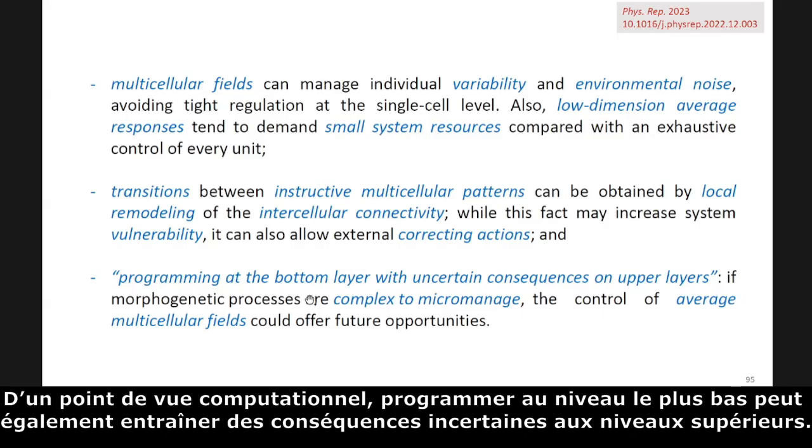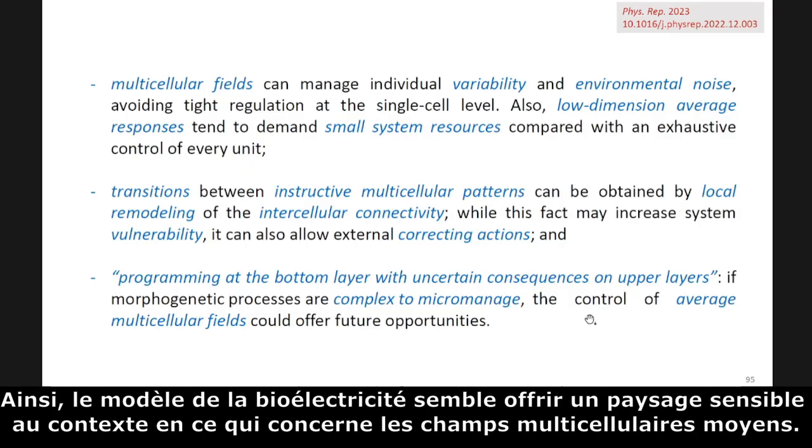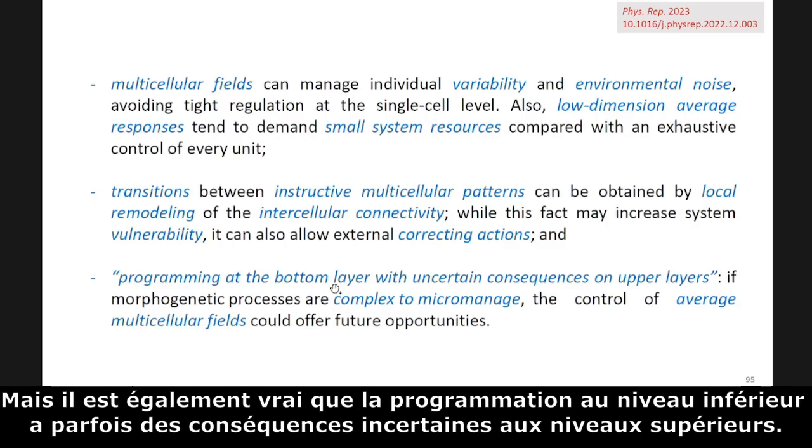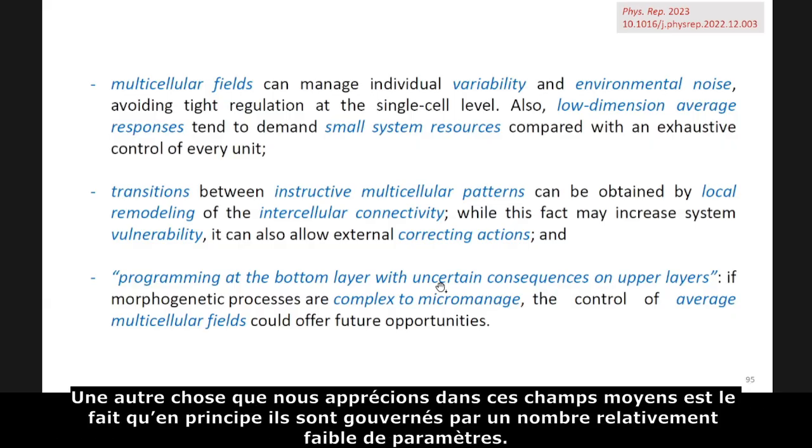From a computational point of view, maybe programming at the bottom layer should lead also to uncertain consequences on the upper layer. So the model of bioelectricity seems to offer a context-sensitive landscape concerning average multicellular fields, but it is also true that programming at the bottom layer sometimes has uncertain consequences on upper layers.